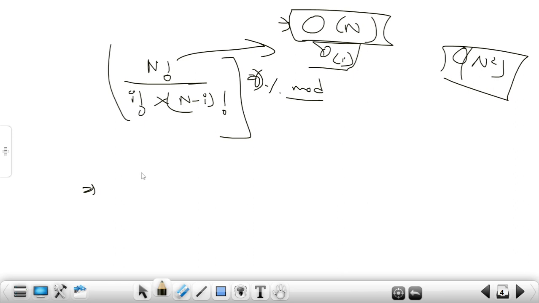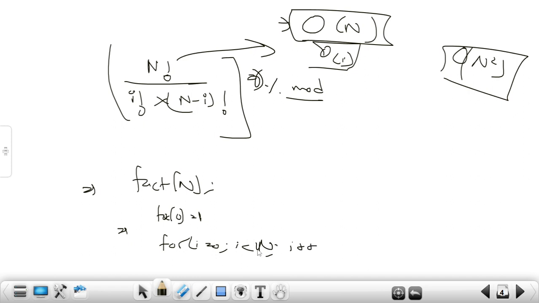We can calculate an array which is a factorial array. It is having n size, and we'll calculate this: fact of 0 is going to be 1. After that, I will start a loop for i equals 0, i smaller than or equal to n, and i plus plus.